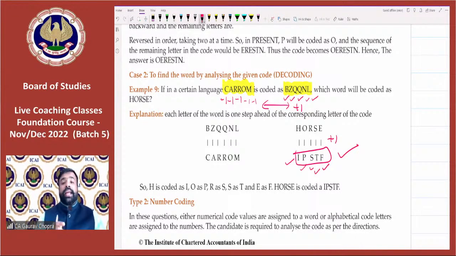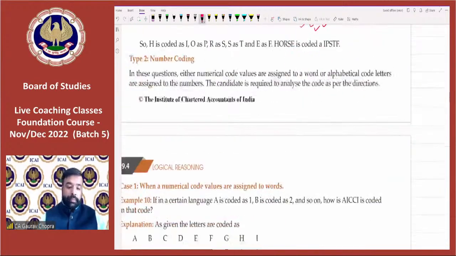We can do anything in our life if we are able to do logical reasoning problems. That is why logical reasoning is there in most entrance examinations, whether it is professional courses or competitive exams. So the main purpose is to check the mental ability. All right.